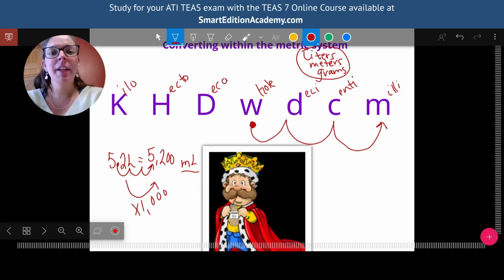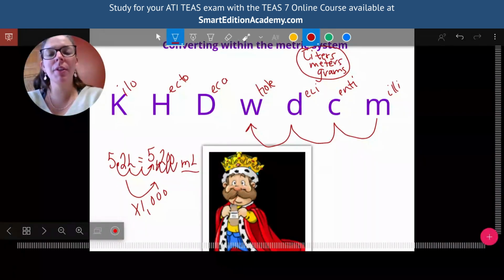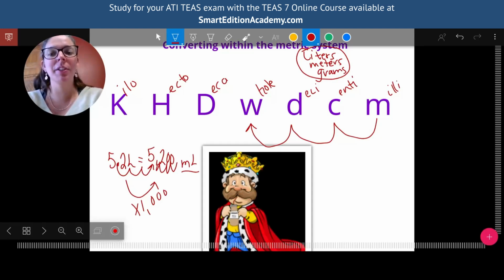If I had to go in the opposite direction, like milliliters to my whole units, notice how I'm moving my decimal to the left. 1, 2, 3. So then I could just go in the opposite direction here, 1, 2, 3, to get back to 5.2 liters. And that's when we're dividing. Sometimes I know from my experience, students get a little stuck.